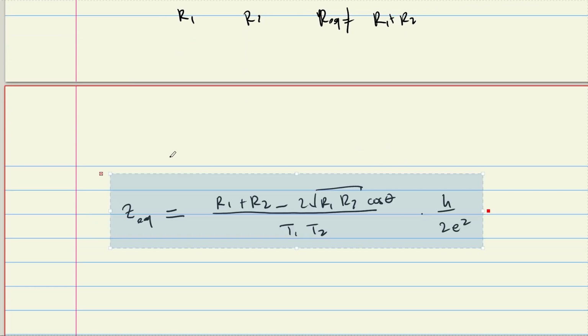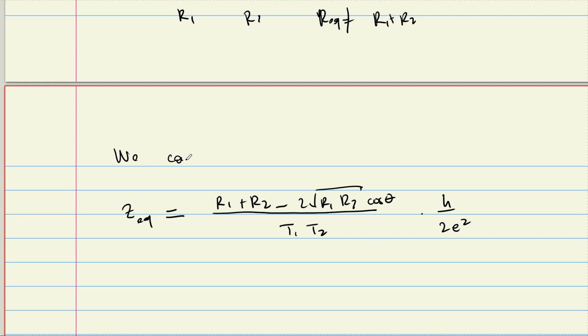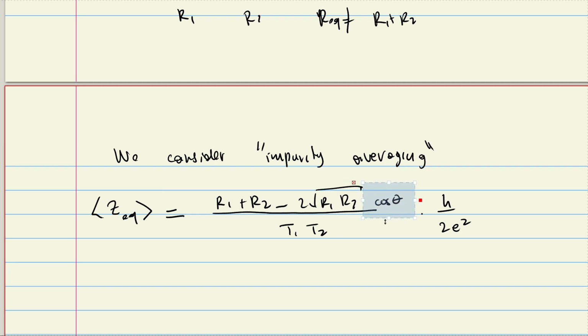We can consider impurity averaging. It's kind of like some averaging, but I'm going to call it impurity averaging. Let's look at the average of Zeq. The only thing I need to average here is cosine theta, because there's nothing else to average. The average of cosine theta is 0, because cosine theta changes from -1 to +1.